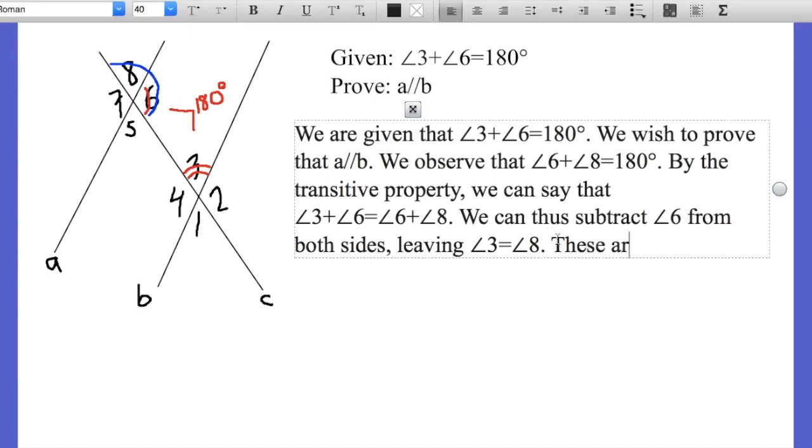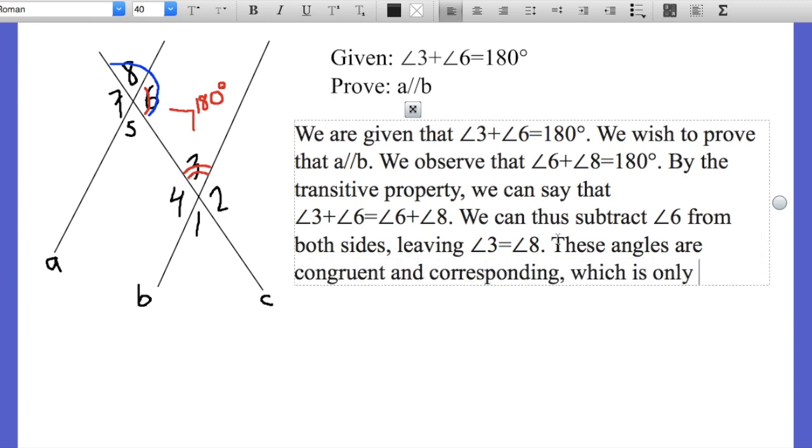So these angles are congruent and corresponding, which is only true if A is parallel to B. What is our goal? QED. All right, hope that helps.